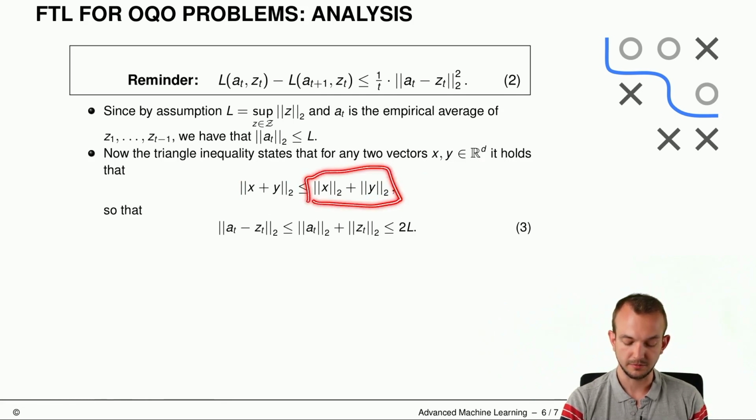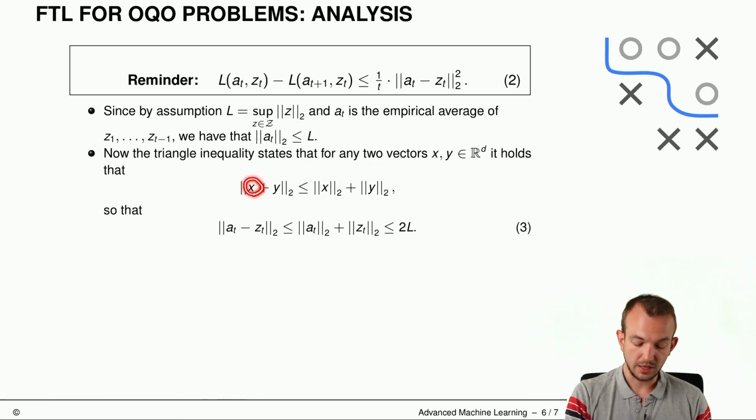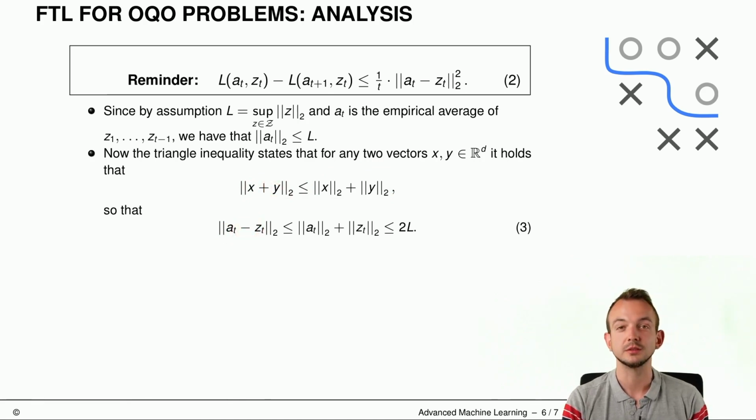This is what we get here. And now we use this with x being AT and y being minus ZT. Of course this is also true if we make the substitution that y is some vector multiplied with minus 1, because this is true for any vector.